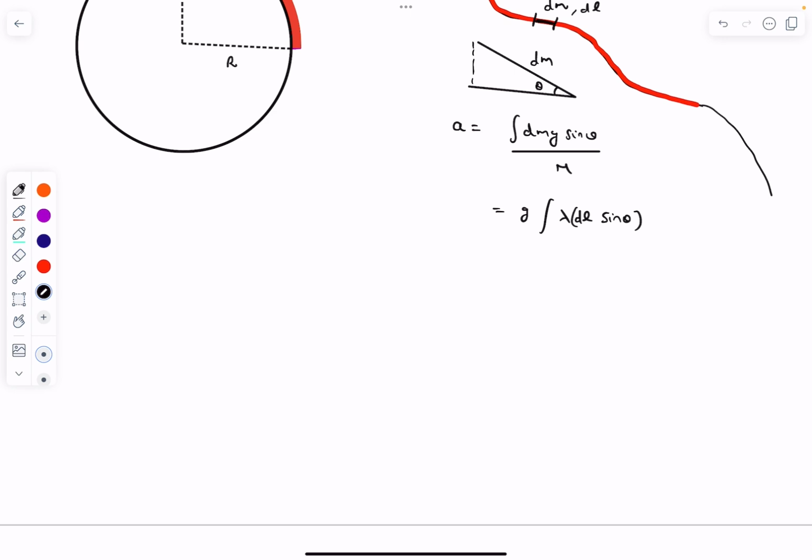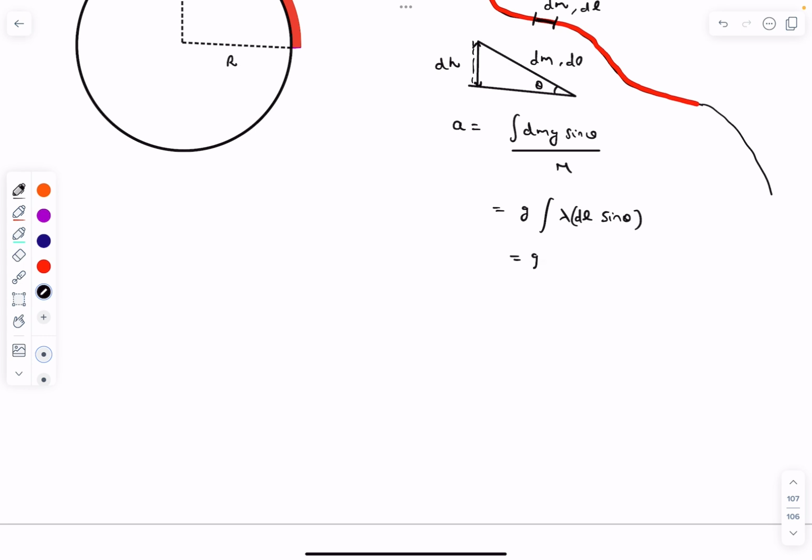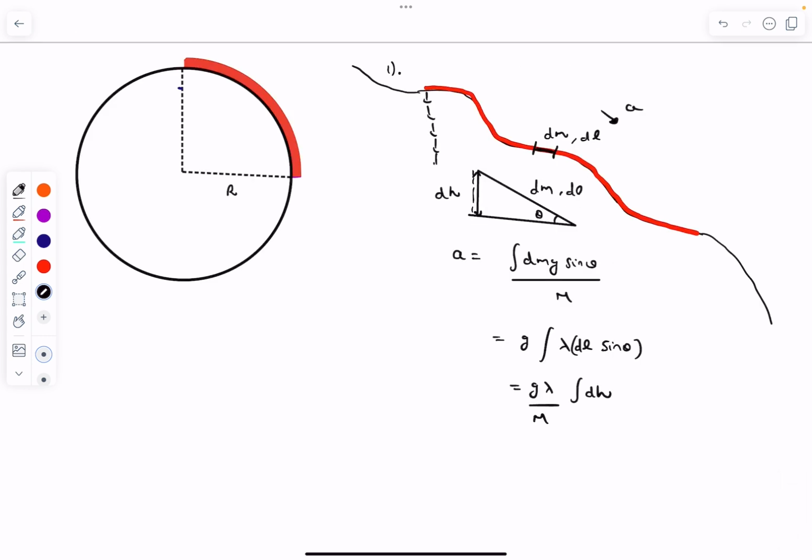Now this thing over here, dl sine theta, from a differential triangle, if you observe, is the height of this triangle. So if I call this height dh, this is nothing but g lambda times the integral of dh. So if you add up all the dh elements from the beginning point to the end point, what you end up with is the height difference between 1 and 2. Let's call it h12.